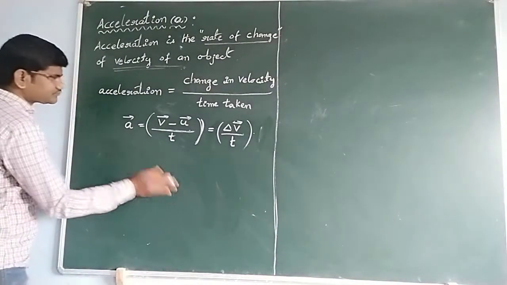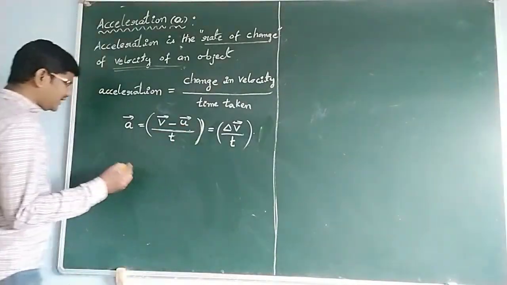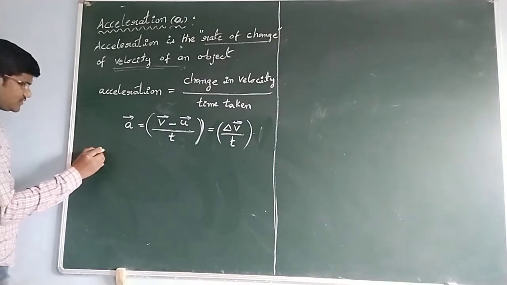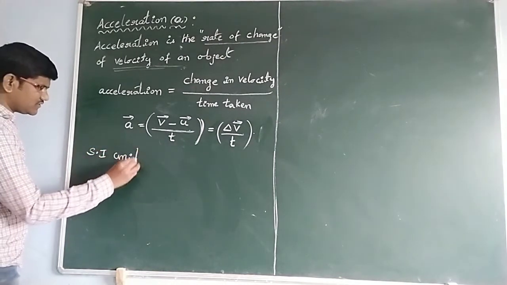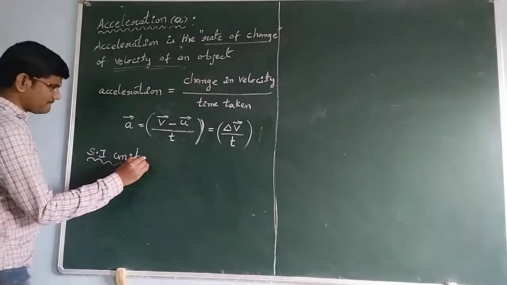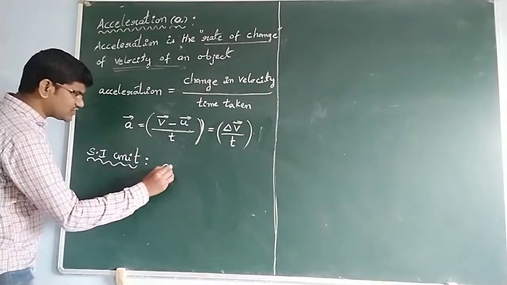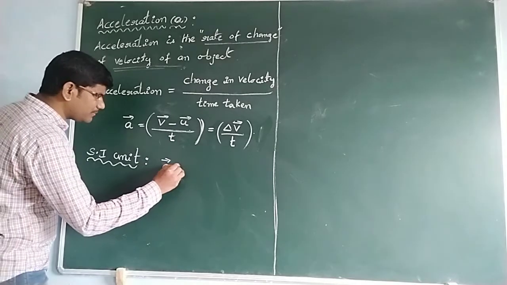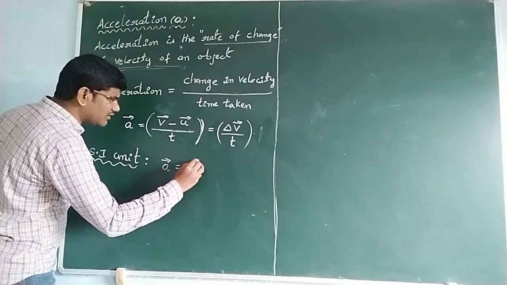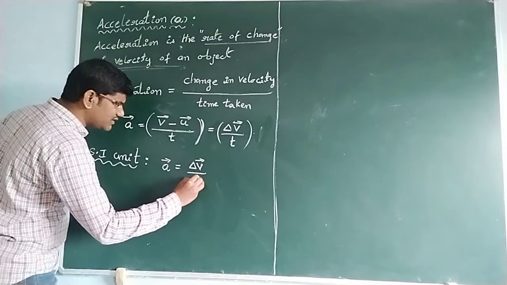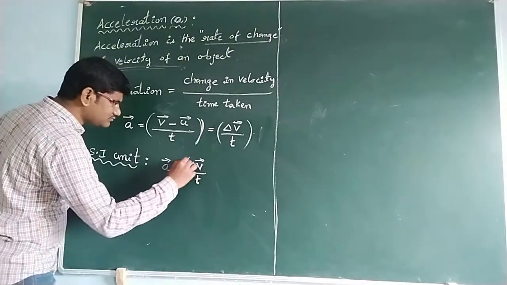Now I want to write the SI unit. SI unit of acceleration: a bar is equal to change in velocity delta v bar by time taken t.